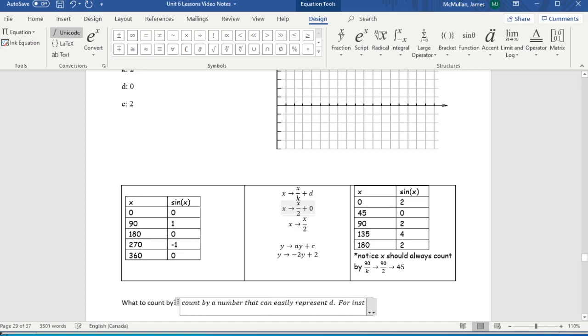So, for instance, if d is equal to 60, count by 30 would be okay, right? Count by 30 or 60. If d equals 45, you probably want to count by 45, because otherwise d is going to wind up in the middle of a box. Again, I can't really give you a solid rule that's always true about what to count by, but I'm trying to give you some of the constraints that you should be thinking about.